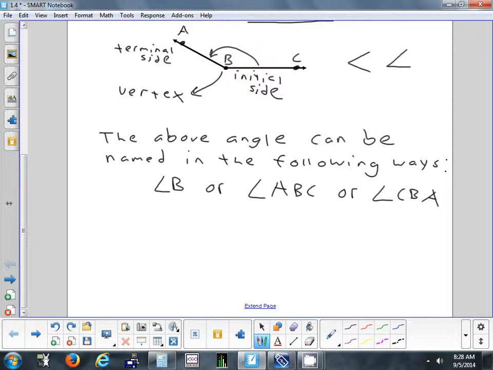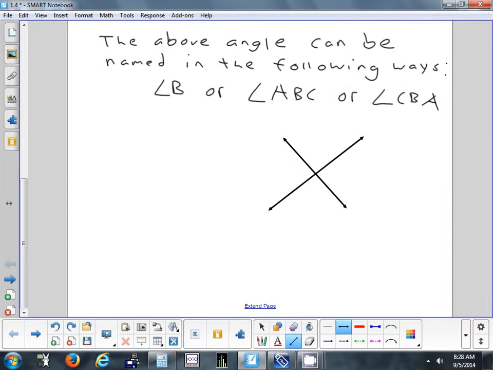Which way we use, it kind of depends on the diagram. If we have a diagram that, say, looked like an X, and I called this point B, C, D, E, and F. And I wanted to talk about the angles here. There's all kinds of angles in this picture.